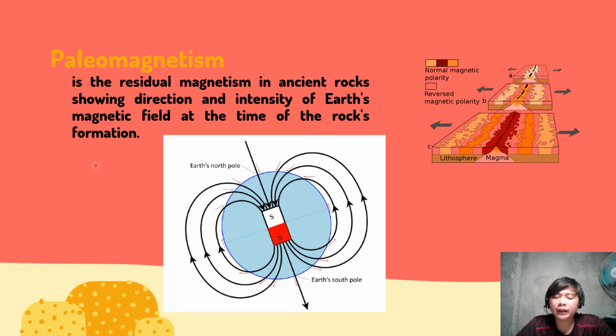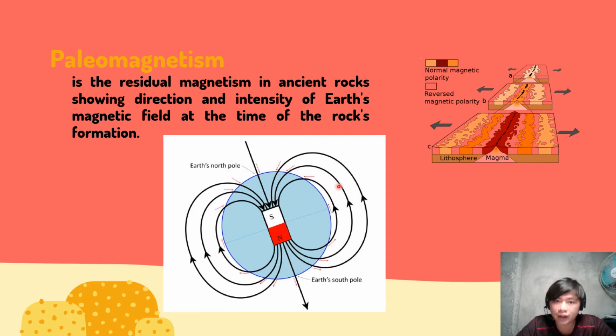So Earth's magnetic field is defined by north and south that aligns generally with the axis of rotation. The lines of the magnetic field or magnetic force flow into the Earth in the northern hemisphere.